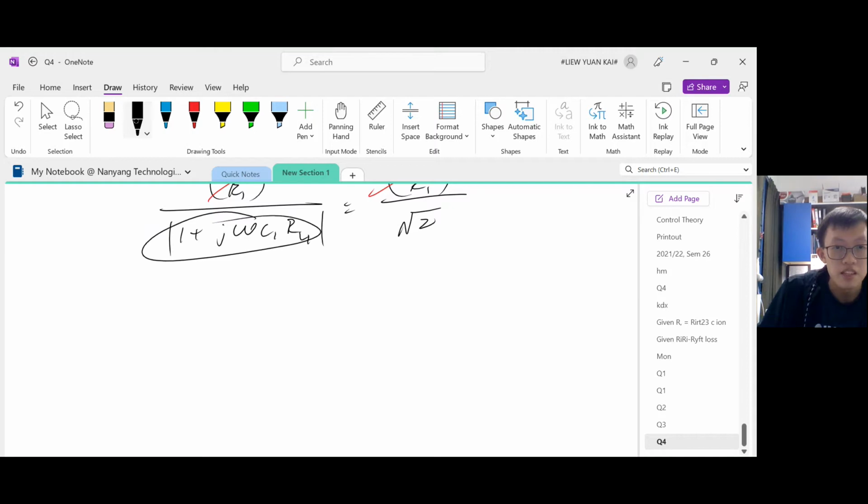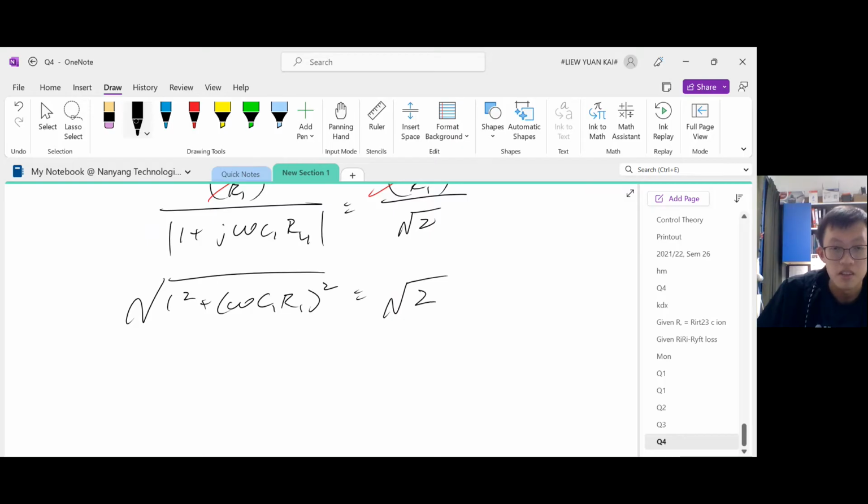So magnitude of a complex number is given by the square root of a squared plus b squared. Okay, next you can drop the square roots, and then 2 minus 1 is just 1.